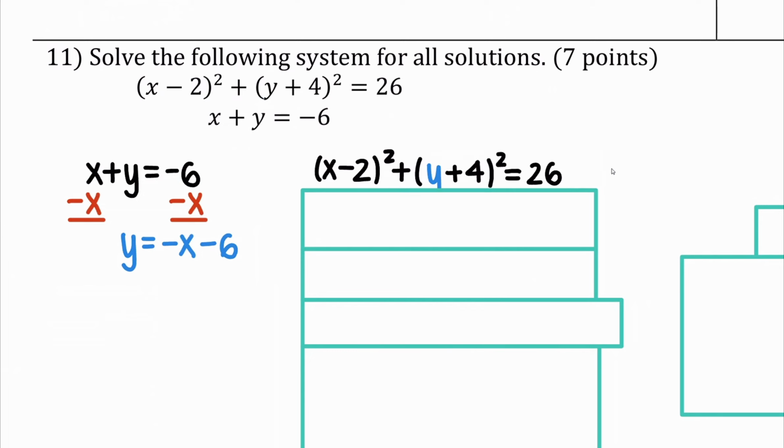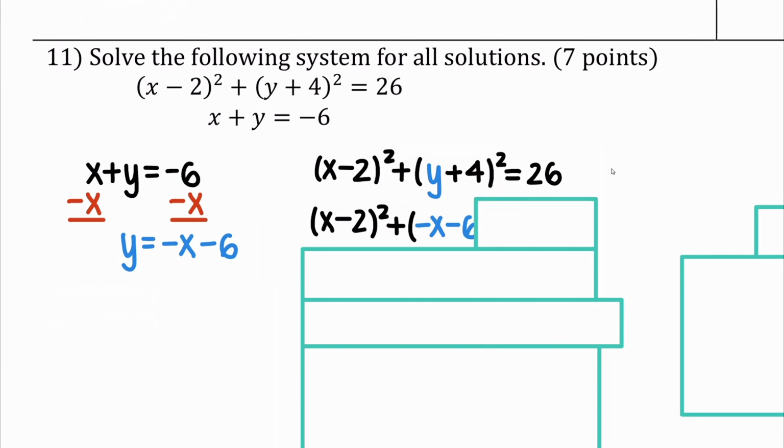So we can do that by subtracting x on both sides. And so from here, we're going to substitute that into the equation that we did not touch before, giving us x minus 2 squared plus negative x minus 6 plus 4 squared equals 26.